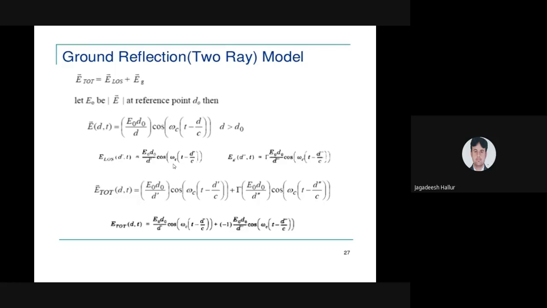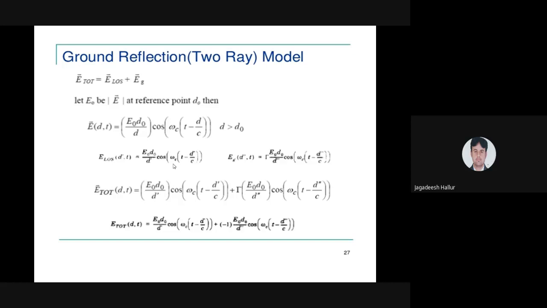And for the second wave, that is the ground reflected wave, that wave can be written by using the distance D double dash. There are two waves. One is a direct line of sight wave, that is D dash, and the second wave is a ground reflected wave, which has a distance D double dash.